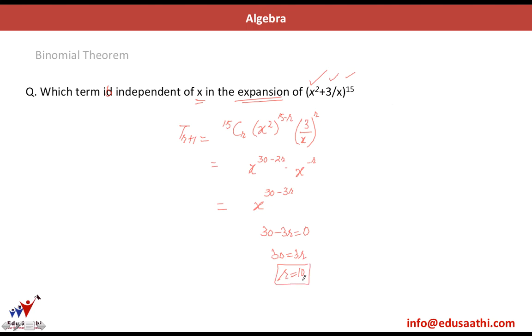So if the value of r is 10, it is the T r plus 1 term or 11th term. Which term is independent? 11th term is independent of x in the expansion of x square plus 3 by x raised to power 15. There will be total of 16 terms and 11th term will be independent of x.